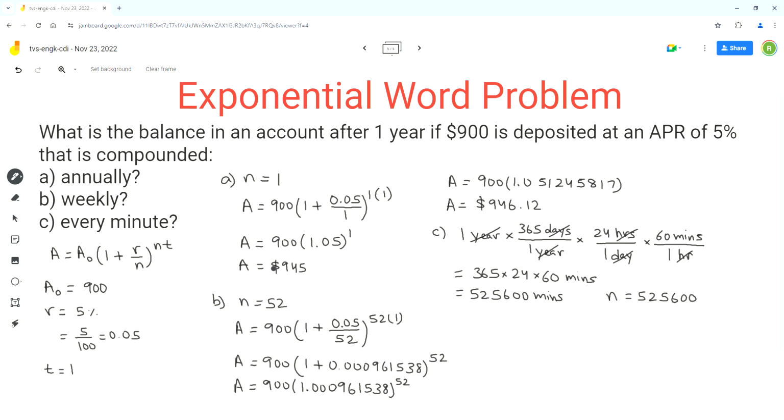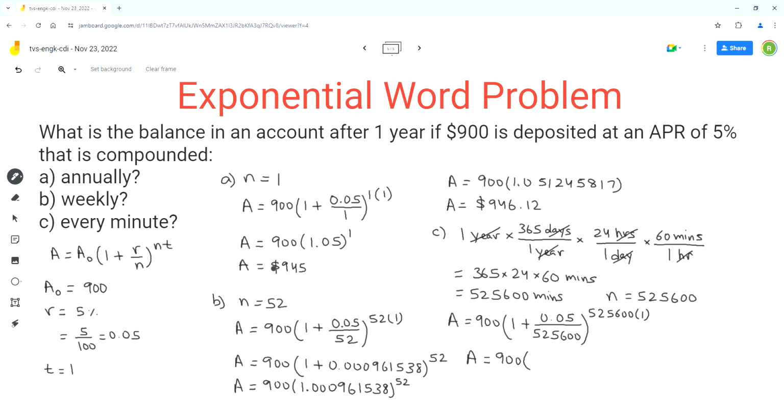Now we can sub in the values in the formula. Now we can simplify the terms in the parentheses.